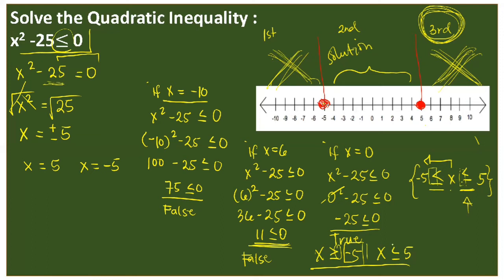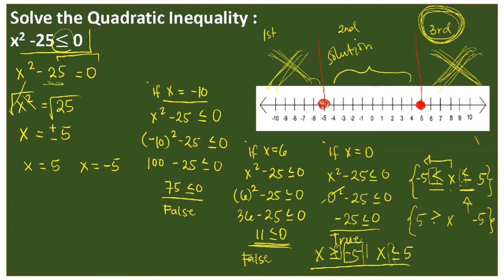So, how do we reverse the answer? For example, positive comes first. Positive 5 belongs to x and negative 5. So at positive 5, the inequality symbol should point at x, which means the symbol becomes like this.